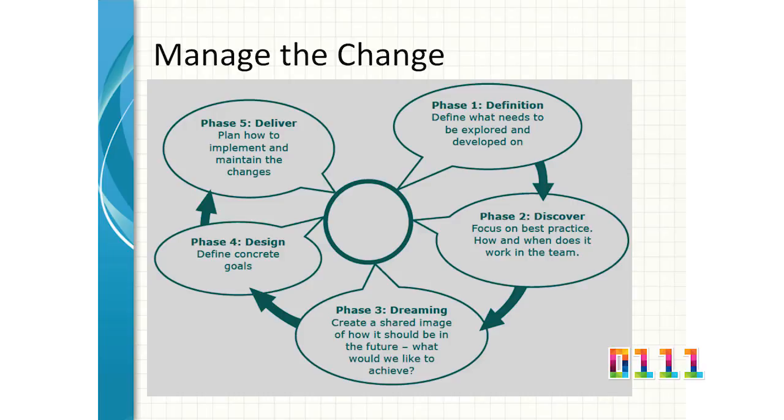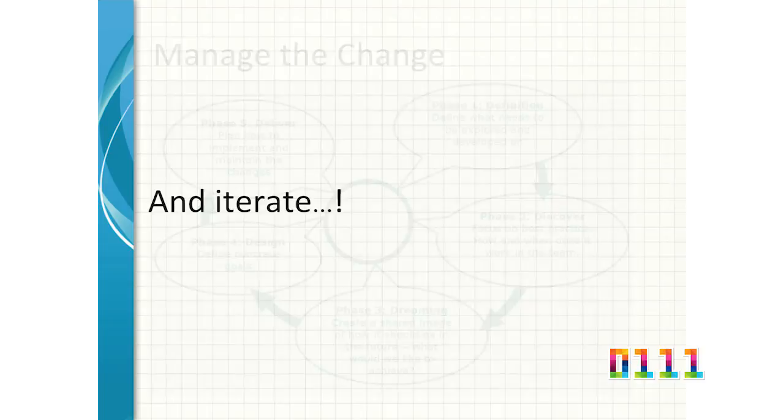And you can't just not tell them. You can't just start doing mob programming. Scrum really requires an organizational mindset. And iterate. Always be iterating.